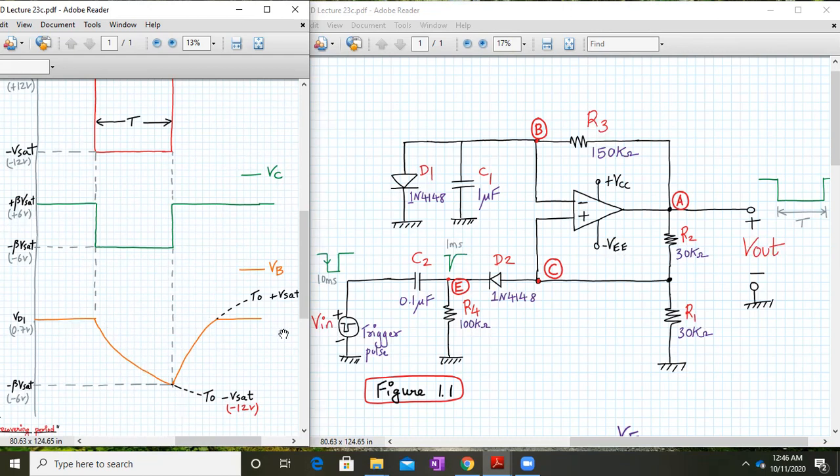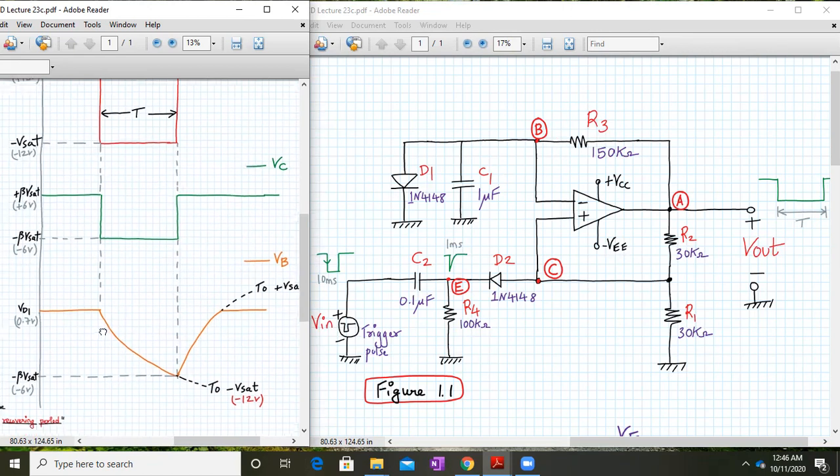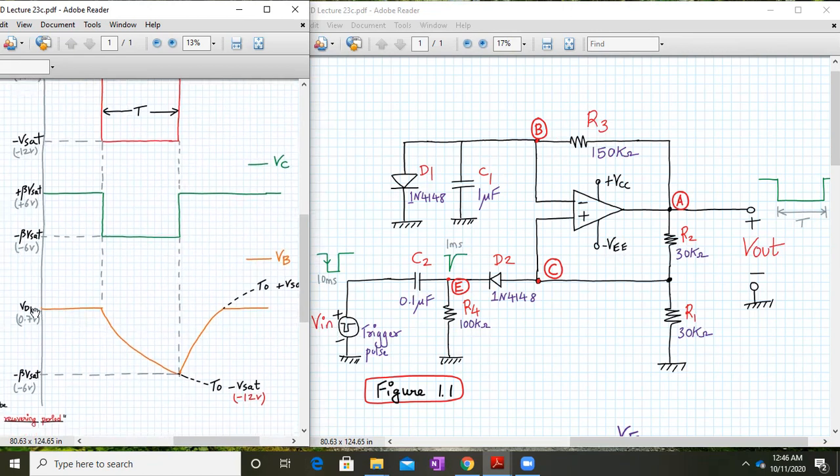Actually, this is the capacitor waveform across the capacitor C1, which here we have shown in orange color. Here the positive value is around 0.7 volts. It's clamping to 0.7 volts, and for the negative part it's going up to minus beta Vsat, that is around -6. It won't increase beyond this -6 or minus beta Vsat value.